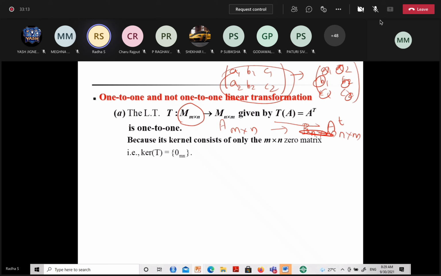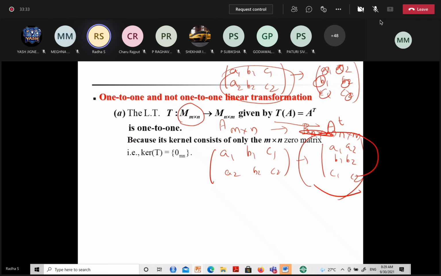Will this be onto? Any idea? 1 to 1 is okay. Any A1, B1, C1 goes to like this, right? If you see any matrix of this format, can you say that you can have a pre-image for that? Of course, by transposing them.